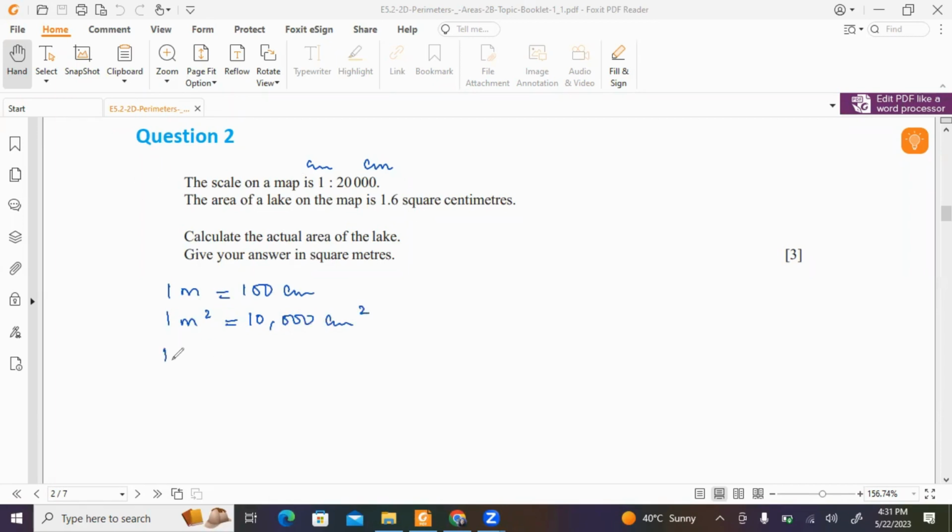So 1 centimeter would be 0.01 meters. 1 centimeter square in meters is going to be 0.0001 meter square.